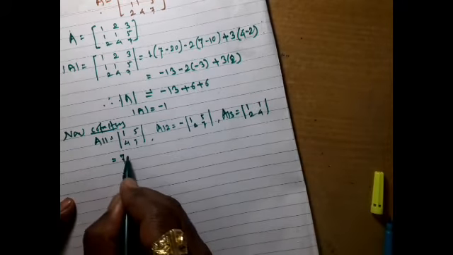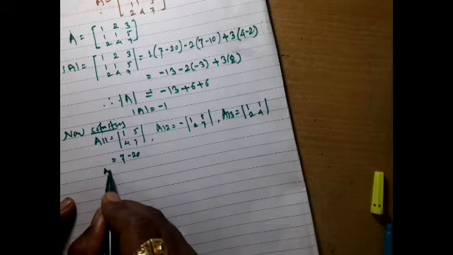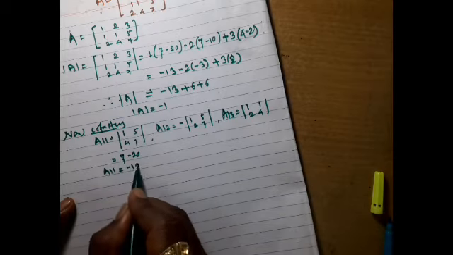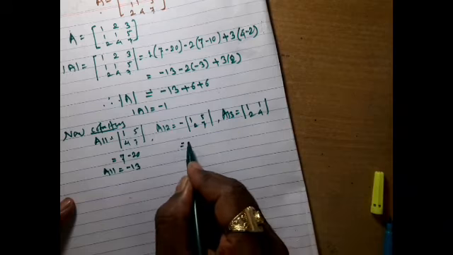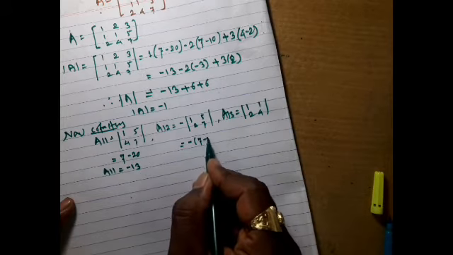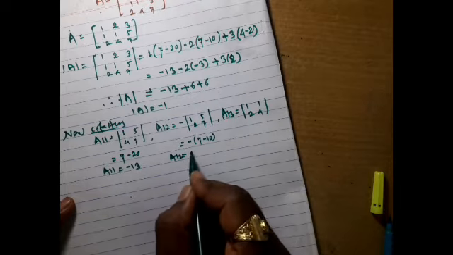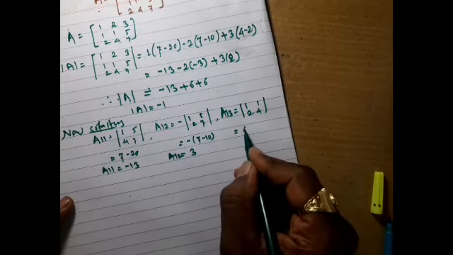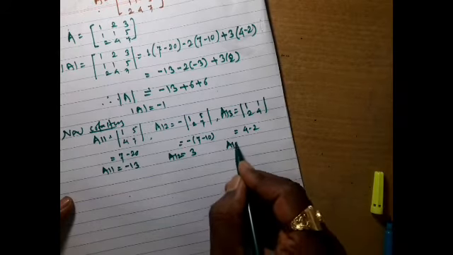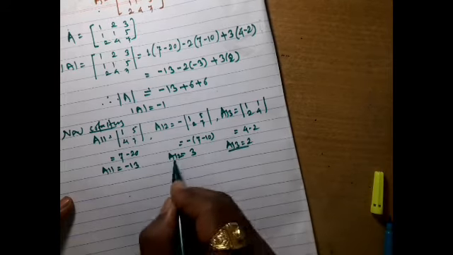This is equal to 7 minus 20. So A11 is minus 13. A12 is 7 minus 10. That is plus 3. And A13 is 4 minus 2 is 2.